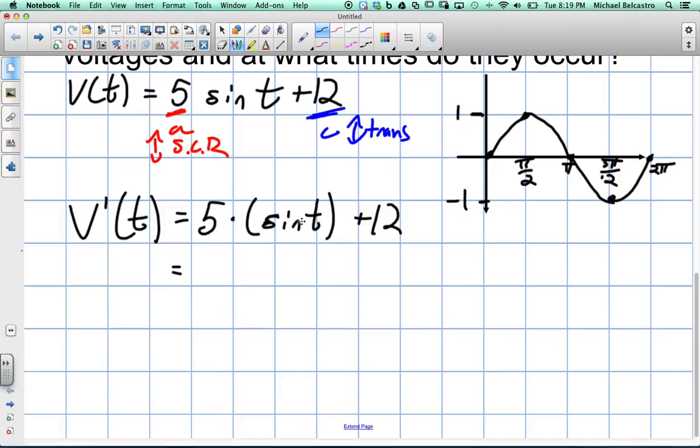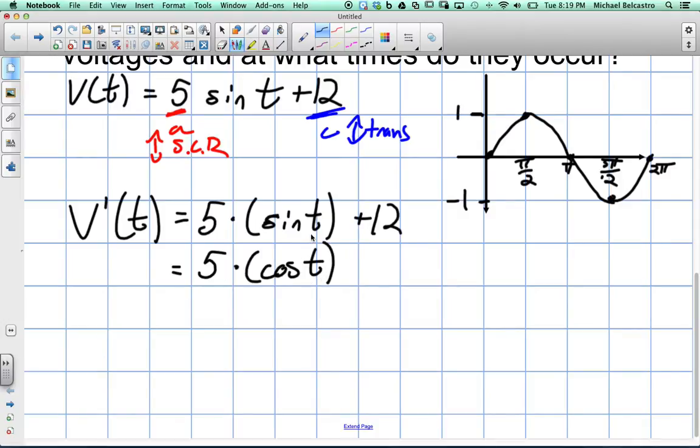Then we find the derivative of our sine. Well, what is the derivative of sine? Do you recall? Cos? Yeah, it's going to be cos, okay? So we end up at cos t, okay? And the derivative of 12 is essentially 0. We could write in plus 0, but it's really irrelevant. So our derivative of this function is 5 cos t. Does that make sense?